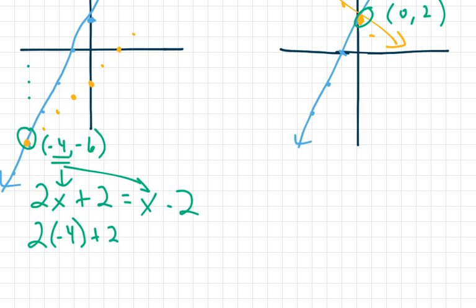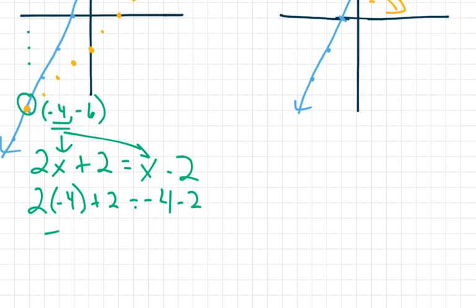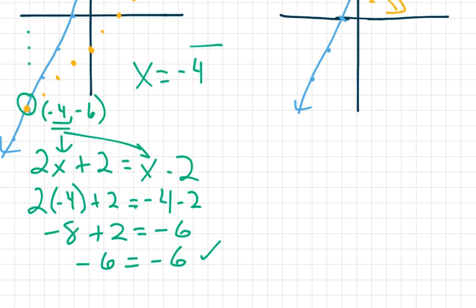I'm not worried about the y value at that point. And then -4 minus 2. 2 times -4 is -8 plus 2. -4 minus 2 is -6. -8 plus 2 is -6. -6 equals -6. That one works out. So x equals -4 is one answer.